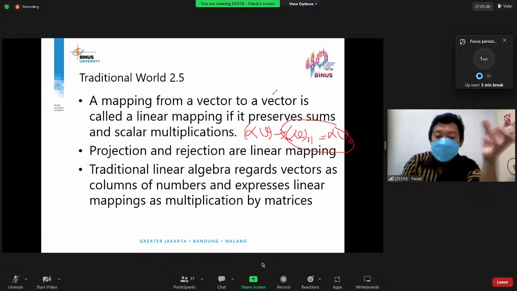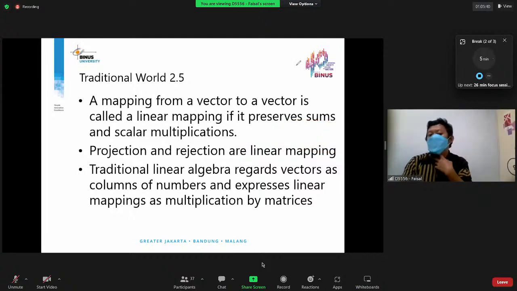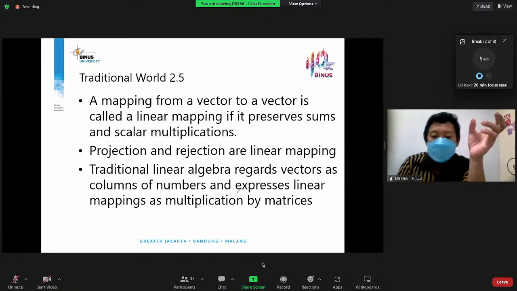And in linear algebra, we know that a linear mapping can be expressed by multiplication. We can express a linear mapping as multiplication by matrices.